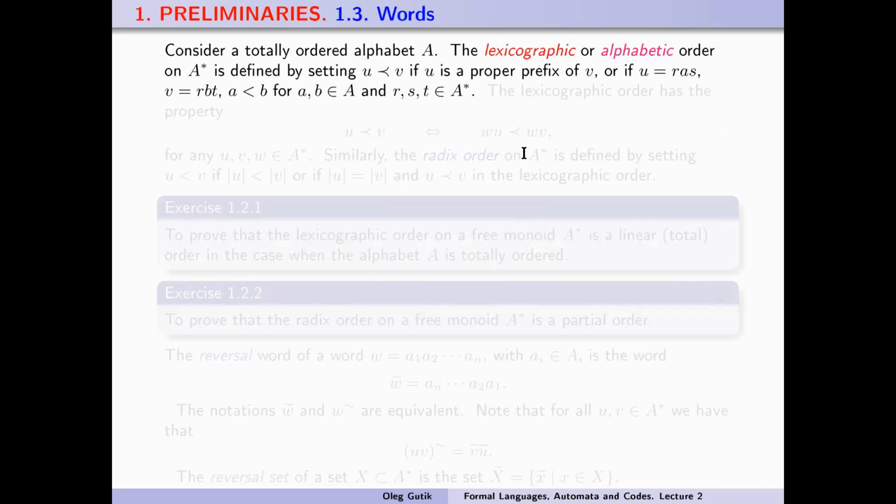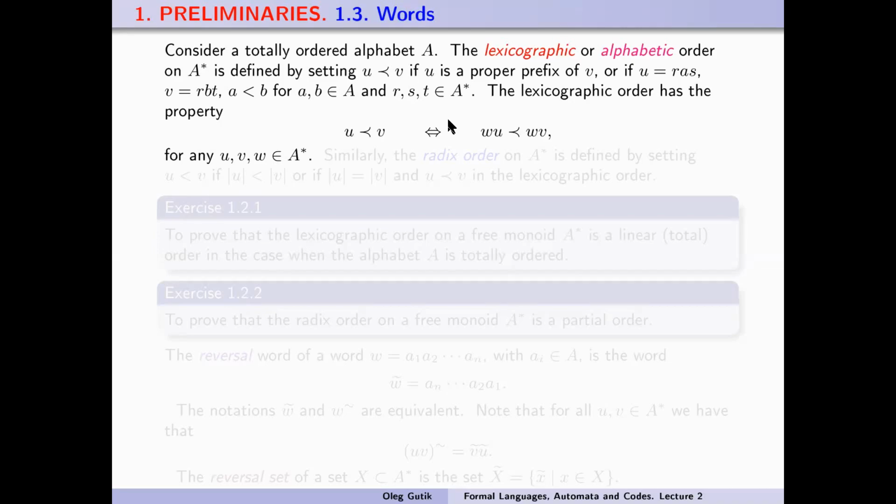The lexicographic or alphabetic order on a free monoid A* is defined by setting u < v if u is a proper prefix of v, or u = ras, v = rbt, a < b for a, b from A, and r, s, and t are words from the free monoid A*.